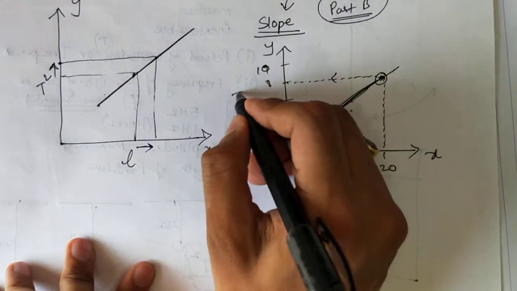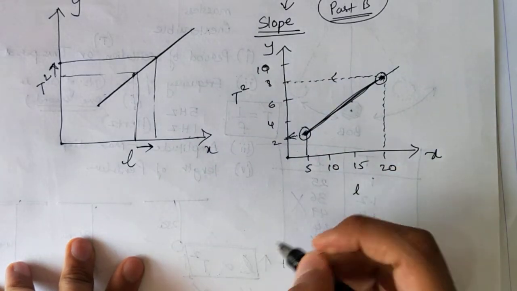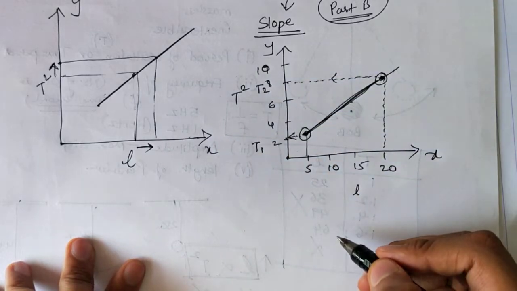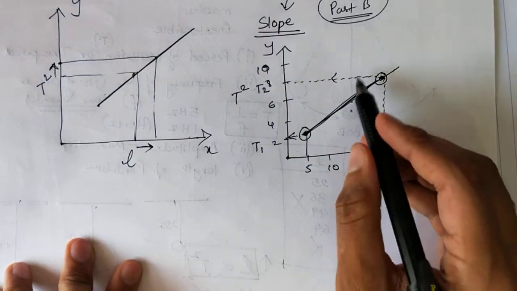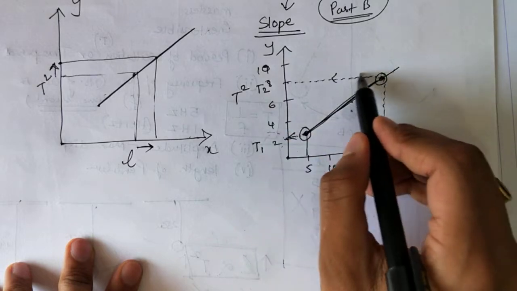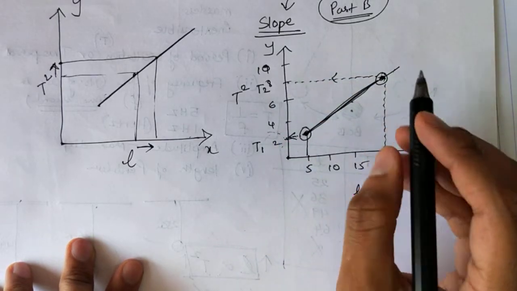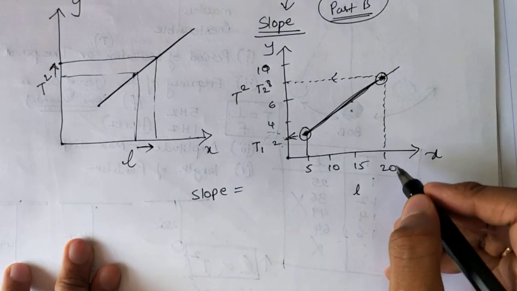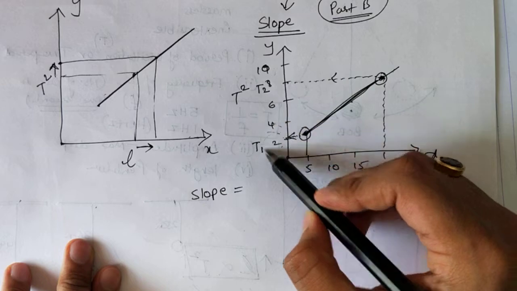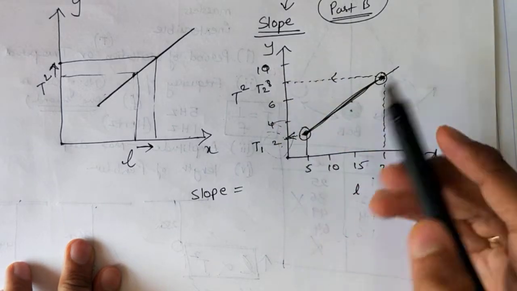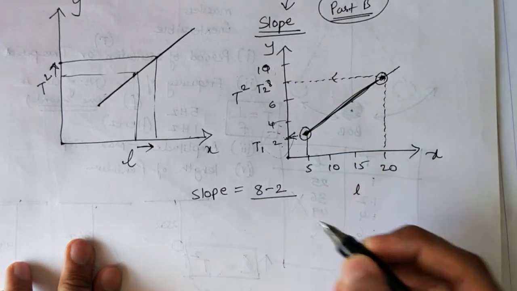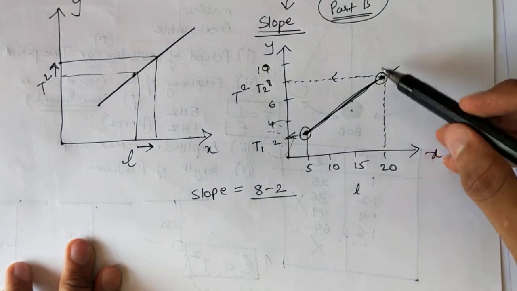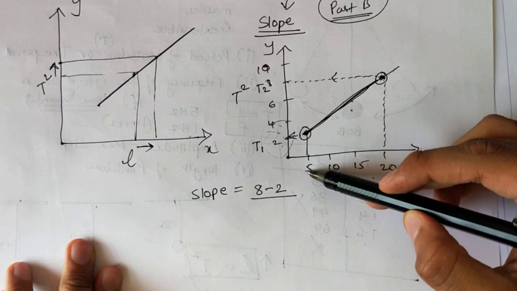So this is time period and this is length. Let's say I will name these T1 and T2. The values are 2 and 8. To find the slope, we have to subtract the lower value from the higher value, 8 minus 2, upon, for the same 2 points, now draw a line to the x-axis and see their values.